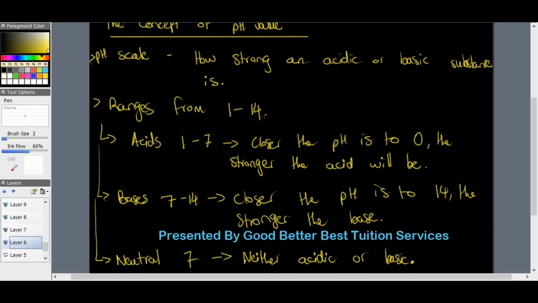Another neutral substance would be blood. The blood in your body is neutral, believe it or not, so it's neither an acid nor a base. And we'll have a look at some of those examples.